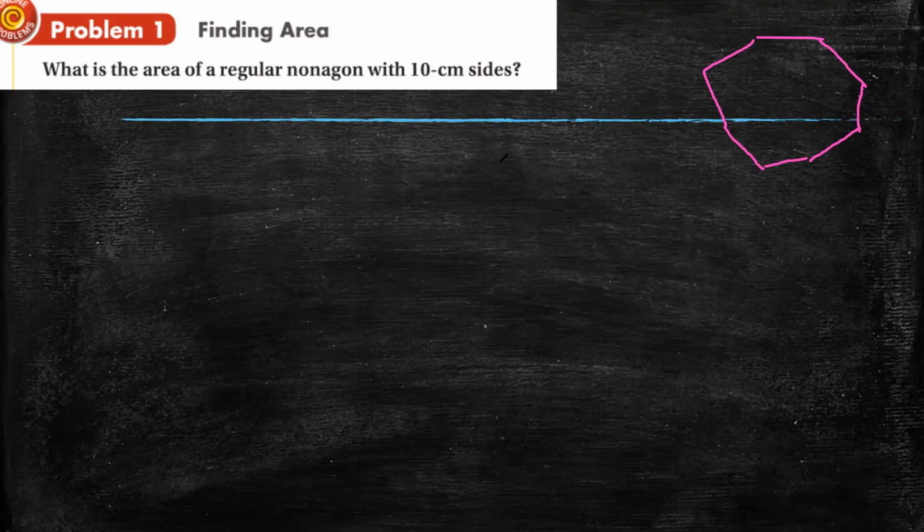Let's make it 8. And as an example, this is a shape with 9 sides. Now I want to find its area.